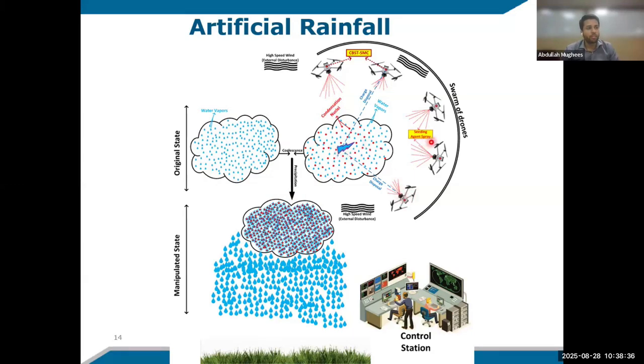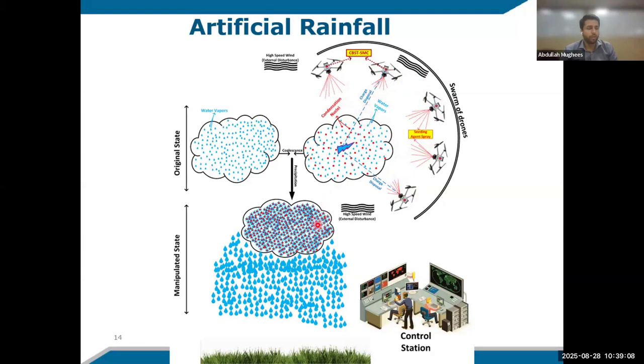And we bring these drones, a swarm of drones, which is a lot of drones all together. They spray that seeding agent, which is the condensation nuclei, and they have electronics mounted onto them that will generate electrical shocks. So we can use the drones for giving electric shocks to the clouds along with that condensation nuclei, the chemical.